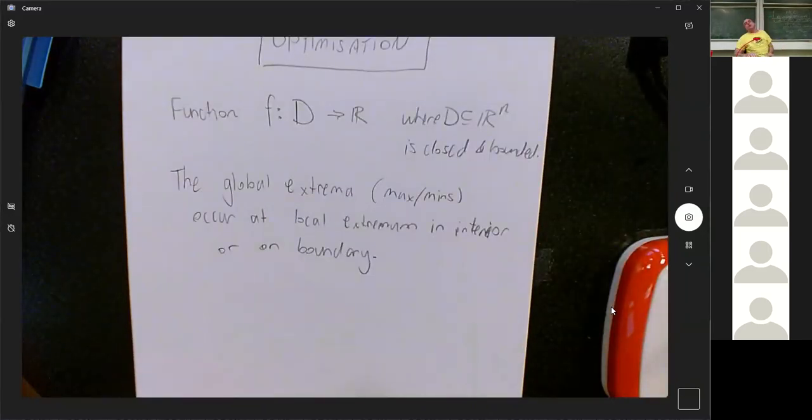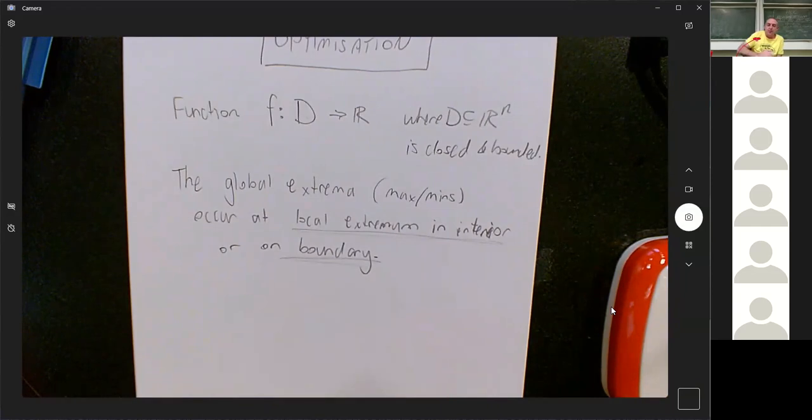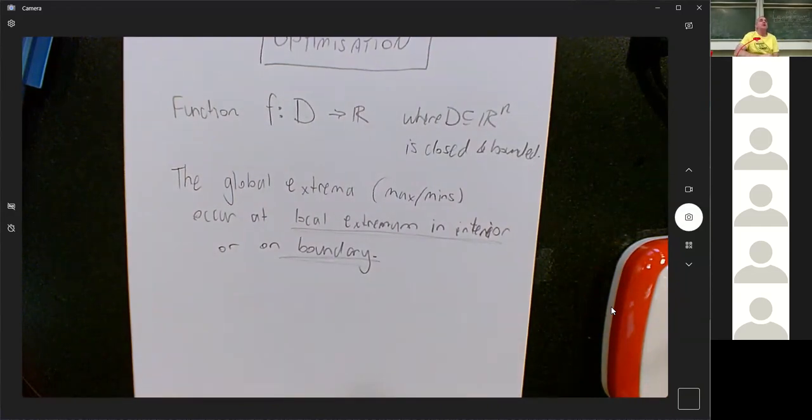And both of those things, a local extremum in the interior of the shape or an extremum on the boundary, have their own ways of doing things. So the process, if you just start with a question that asks about one of those, can be quite long because it has 2 separate parts.